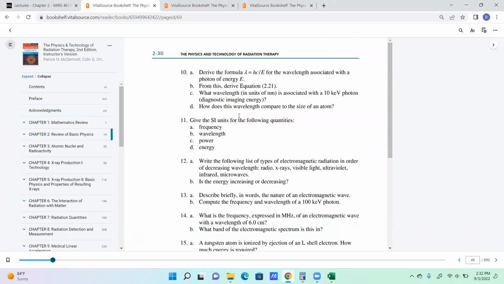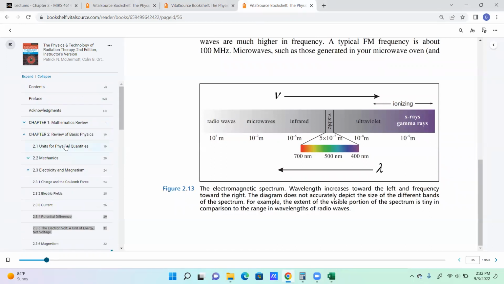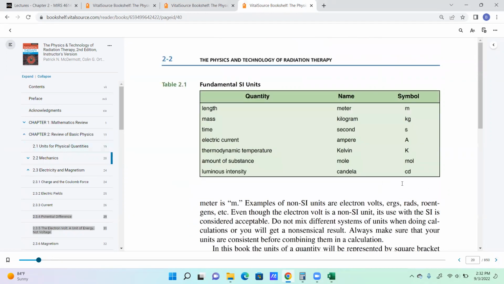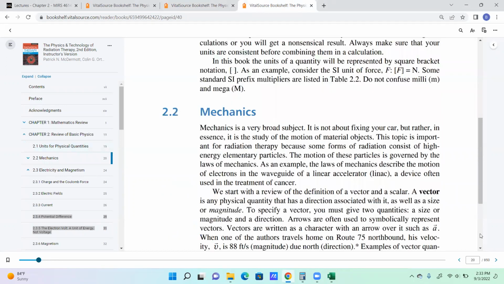Okay, give the SI units for the following quantities: frequency, wavelength, power, energy. Let's see if there is at the front here, if that table actually gives us the information we're looking for. Doesn't really tell us there in the table, does it?